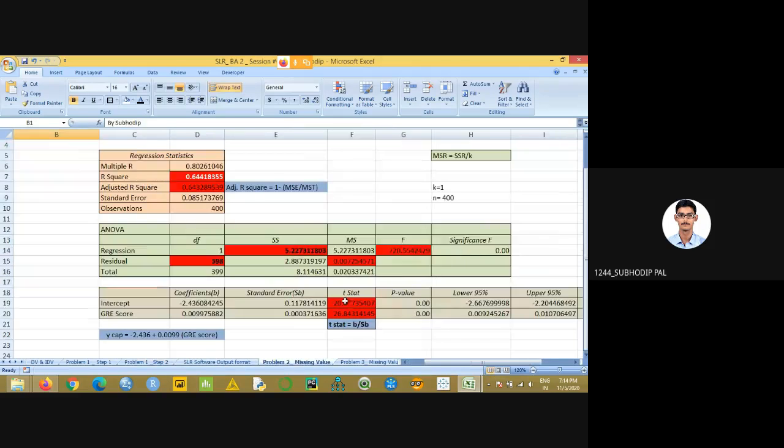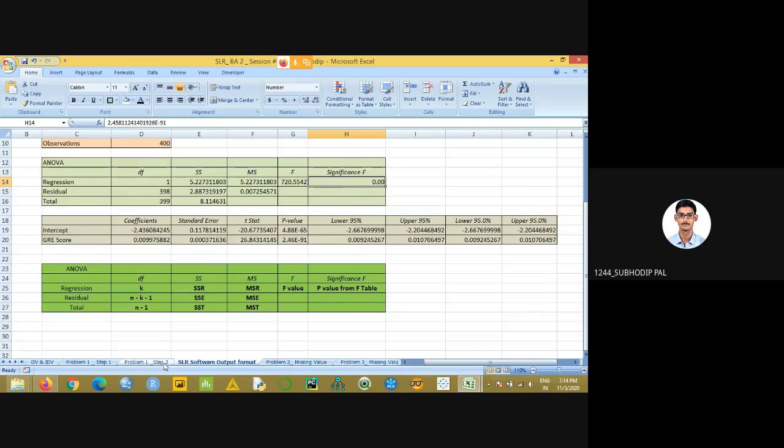We all know till this point that if the p-value is zero point 0 or less than alpha, the model is significant. Whatever model we have taken, the model is significant. That interpretation we know. Do you know how to interpret a regression equation? Anyone? Can anyone interpret this equation?